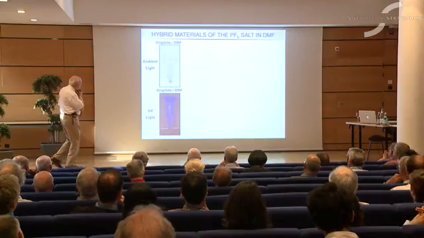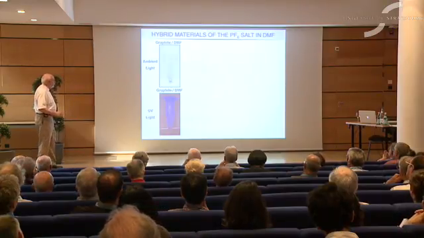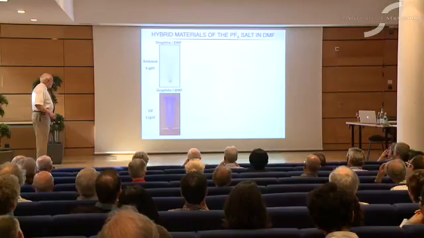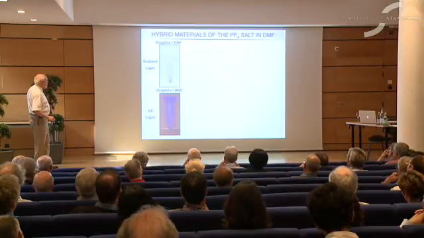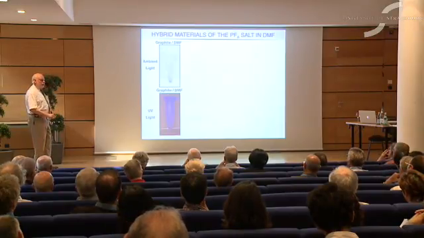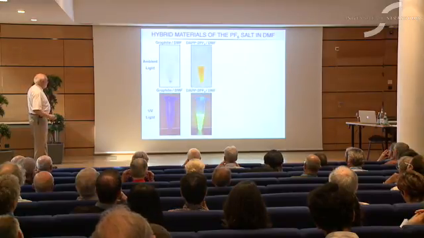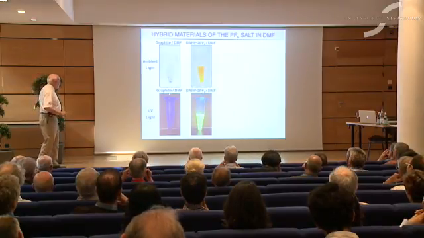So the first indication that we could do this with the PF6 salt was just comparing, taking graphite in dimethylformamide and shining UV light on the sample.